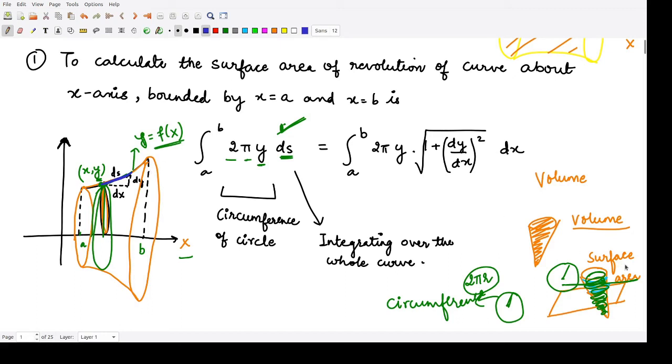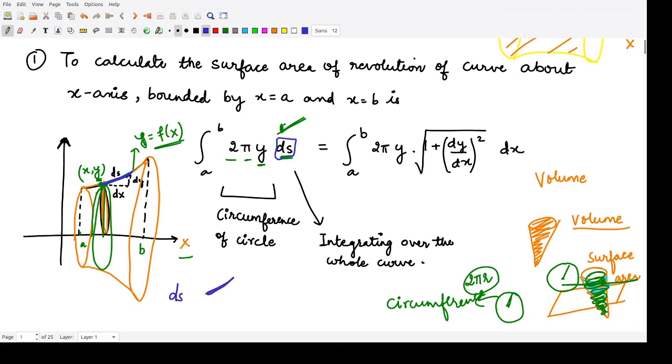What is this integration with respect to s, ds? For that, I am taking some small portion on this curve. Say this is ds, a small arc length. Now this ds would be calculated.